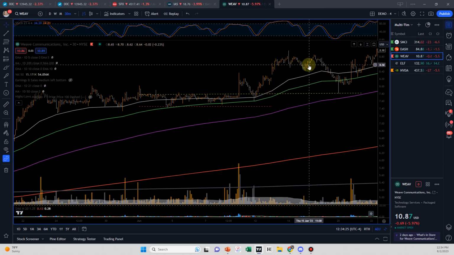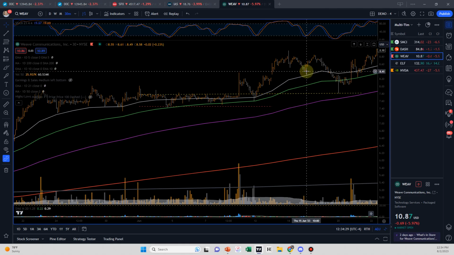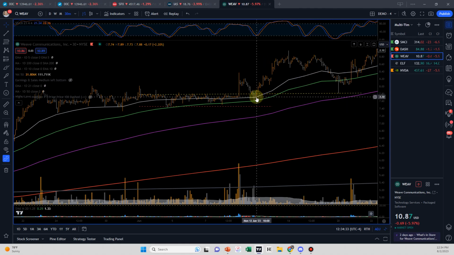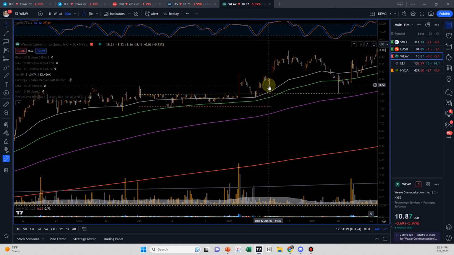If price would have broken out, this would be your new swing low, but price didn't break above this resistance area, so the swing low is still way back here. Perhaps you could make an argument for this, but that's kind of an insignificant level. That might be choking off the trade a bit.